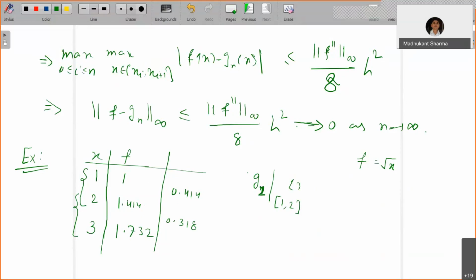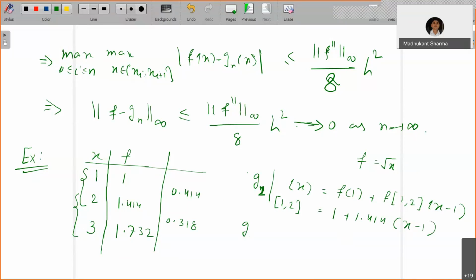You have at x, f at 1 plus the divided difference at 1 comma 2 times x minus 1. So f[1, 2] is given by this. So this is going to be 1 plus 1.414 times x minus 1.